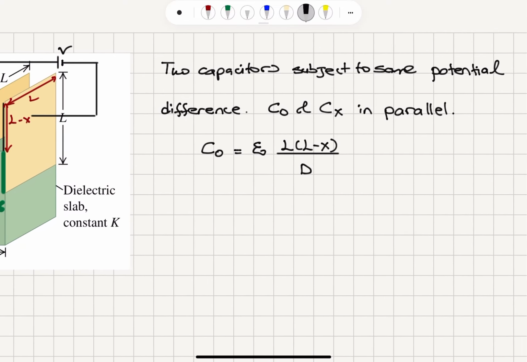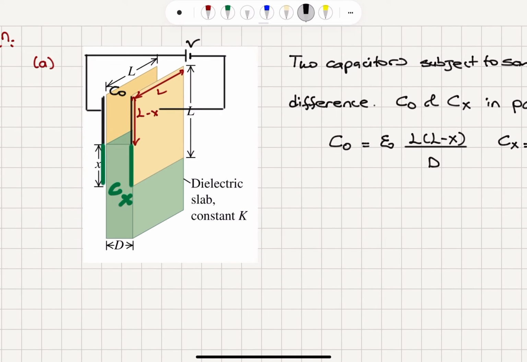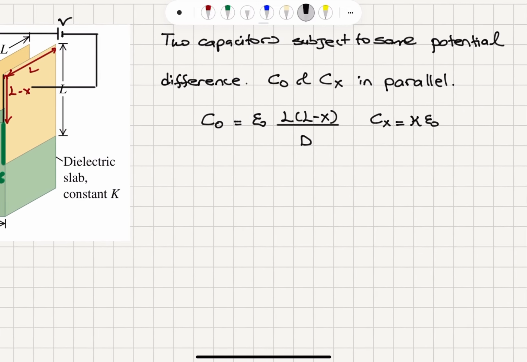And as for the capacitor Cx, we have a dielectric constant kappa, so it's kappa times epsilon 0. And what are the dimensions here? It is x and L, so the area is L times x, and the separation between the plates is capital D. So what is the equivalent capacitance for this configuration?